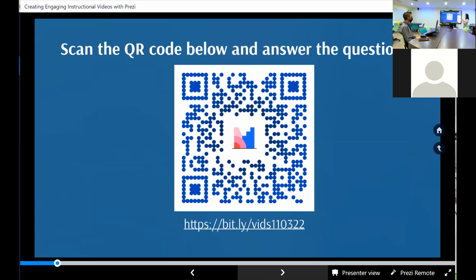Before we begin, I'd like you to scan this QR code here and answer 2 questions, just to see how you're feeling and all that.